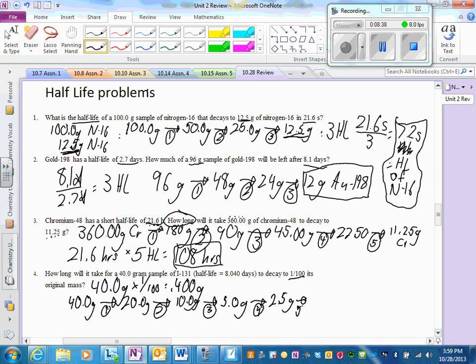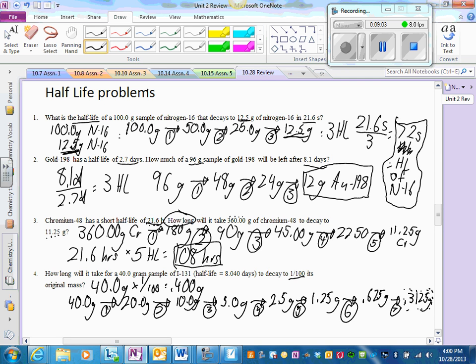After 5 half-lives, we have 1.25 grams. After 6 half-lives, we have 0.625 grams. And then after 7 half-lives, we have 0.3125 grams. So that is right there.